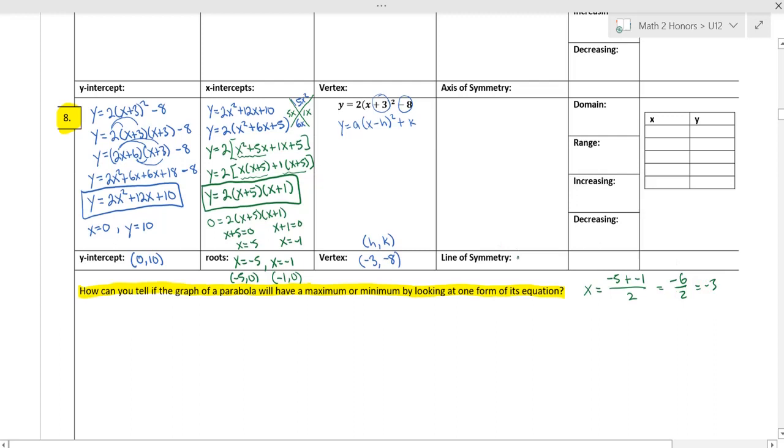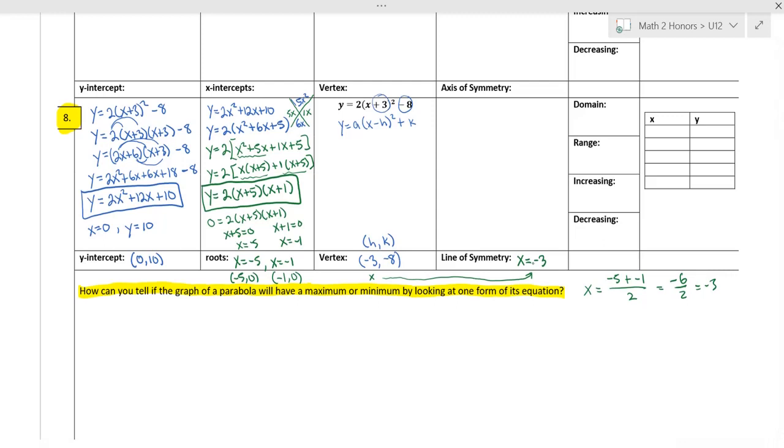So x equals negative 3 is the center, or the line of symmetry. You also know that your x value for the vertex will also be the same x value for the line of symmetry. So there's a few different ways to get that line of symmetry.